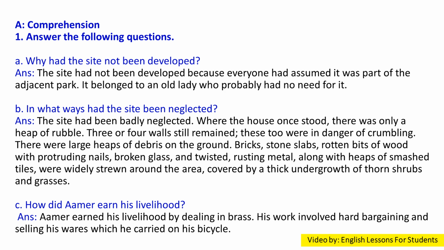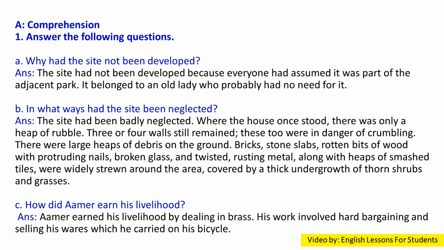B. In what ways had the site been neglected? Answer. The site had been badly neglected. Where the house once stood, there was only a heap of rubble. There, three or four walls still remained. These too were in danger of crumbling.